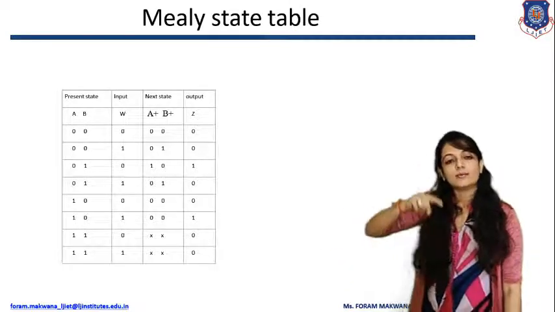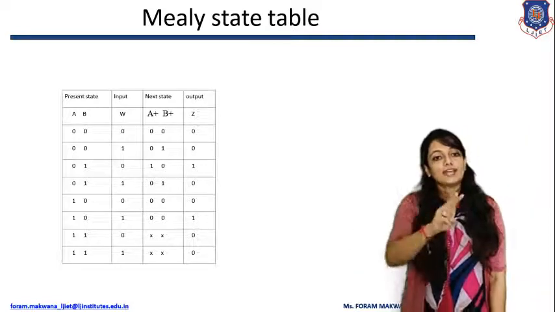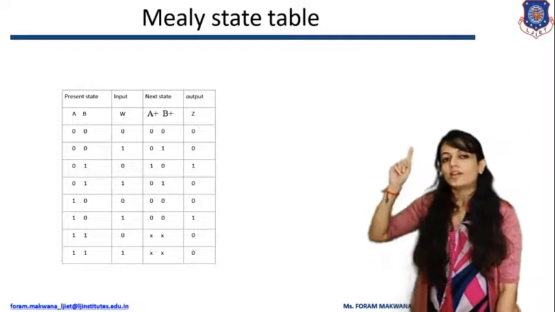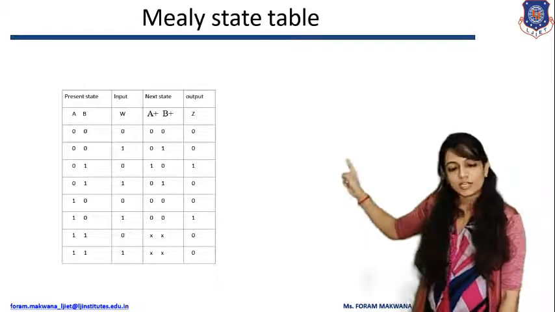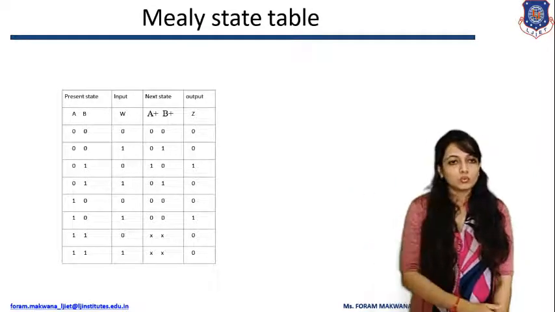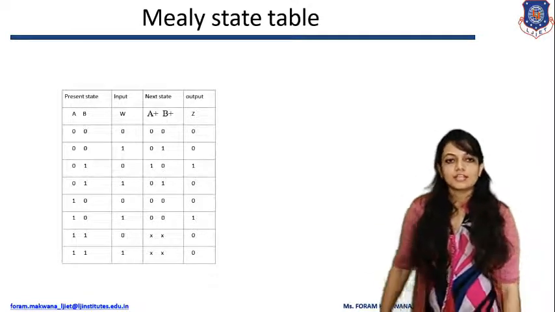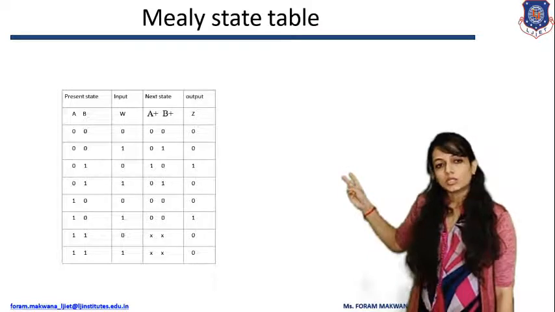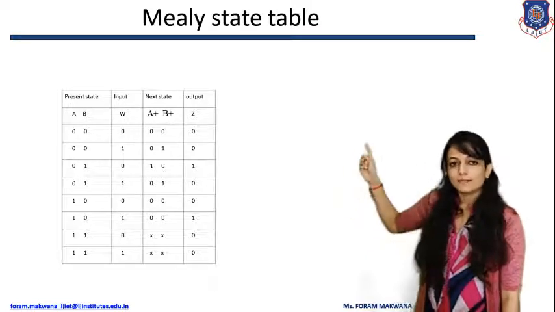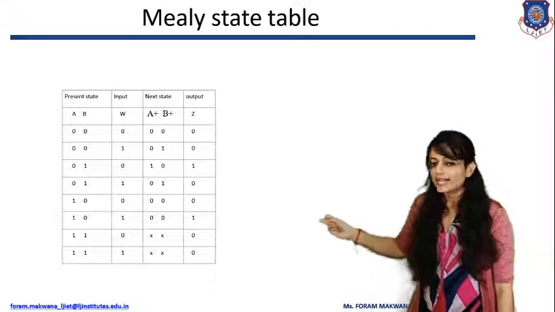Because the value of W is equal to 1 over here. Alright, and why are we going to place a dash? If the value of any variable is equal to 0, we need to place a dash, that we know already from chapter number 2, from the min terms and max terms. So for B plus there are 2 min terms: W A dash B dash and W A dash B.